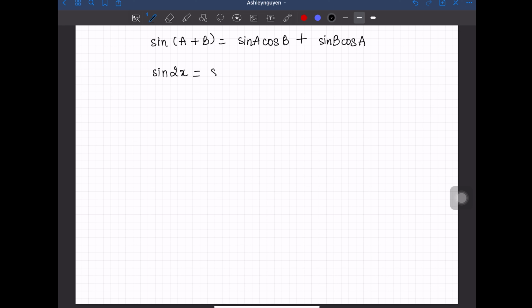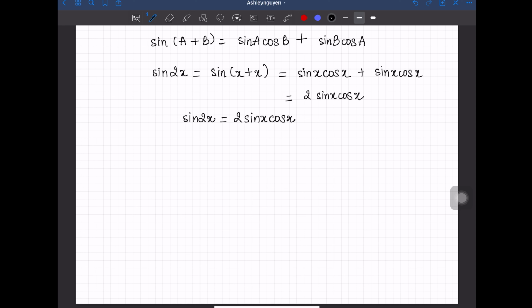This would equal sine x cosine x plus sine x cosine x, and equal 2 sine x cosine x. So the next identity is sine 2x equal to 2 sine x cosine x. This one is very useful in solving problems in trigonometry, and in derivatives and antiderivatives.